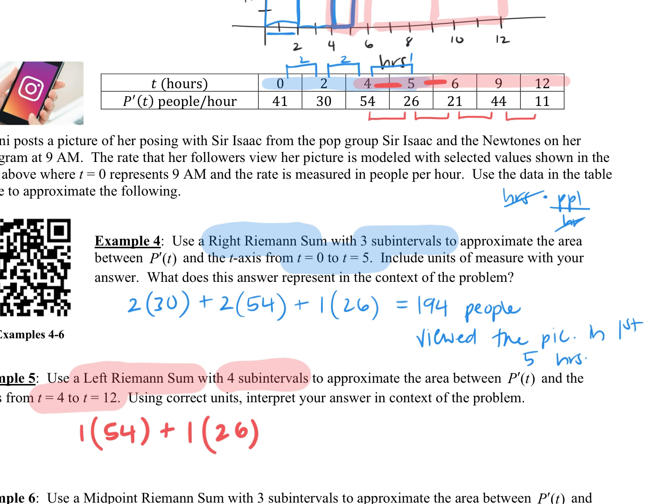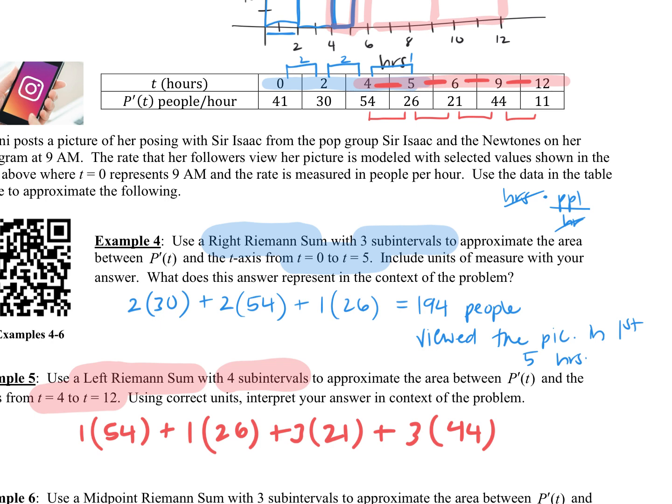Difference between 6 and 9 is 3, so I've got 3 times. I want to use my left point there, so my height is going to be what for this rectangle? 21. And then my last rectangle, same thing. It's going to also have a width of 3 with a height of 44.